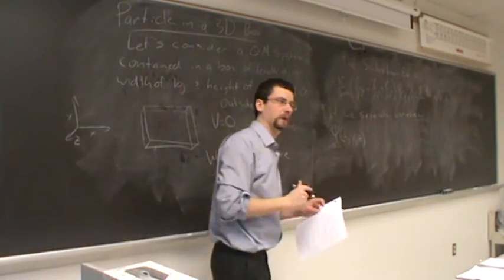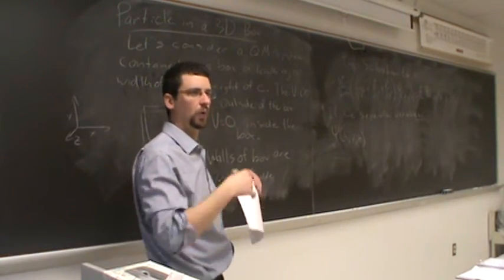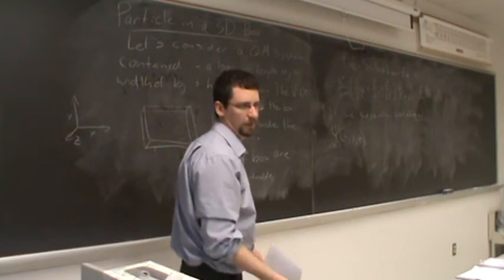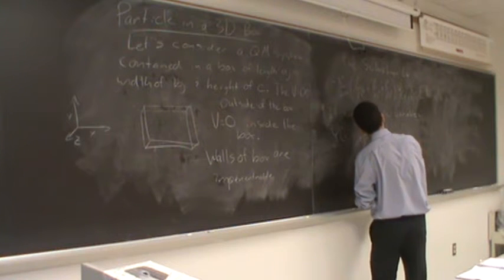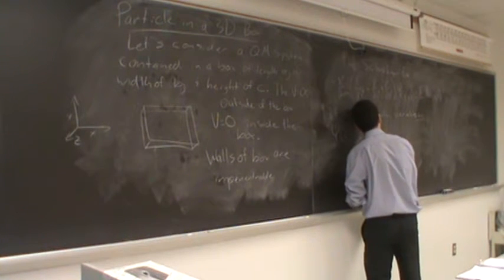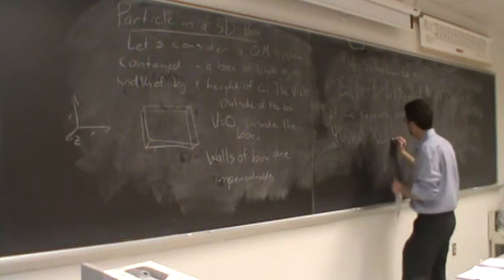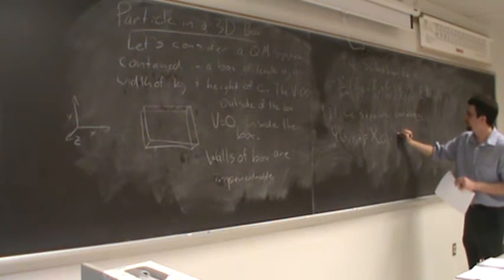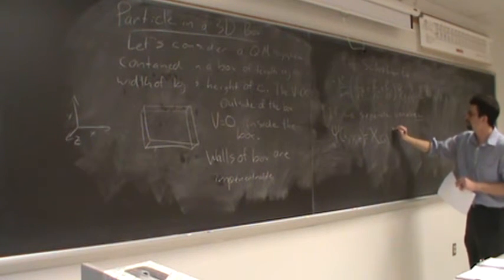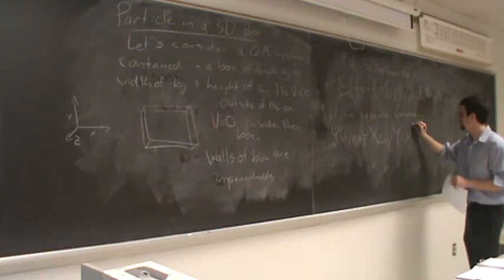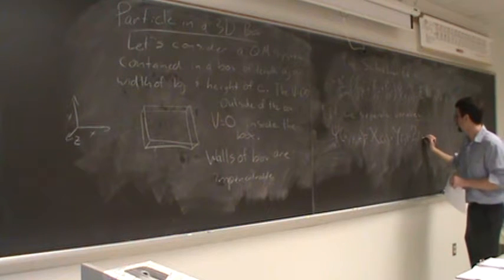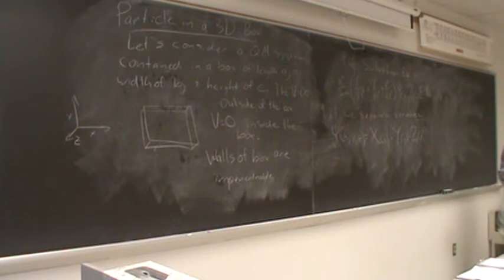We're going to split those up into individual wave functions, one that only depends on x, one that only depends on y, and one that only depends on z. So we'll call this one big X, only depends on x, times Y, times Z, or Z, depending on where you're from.